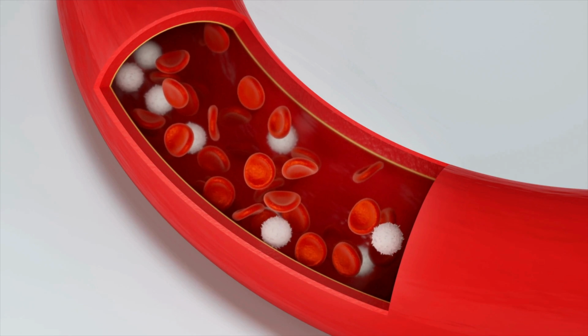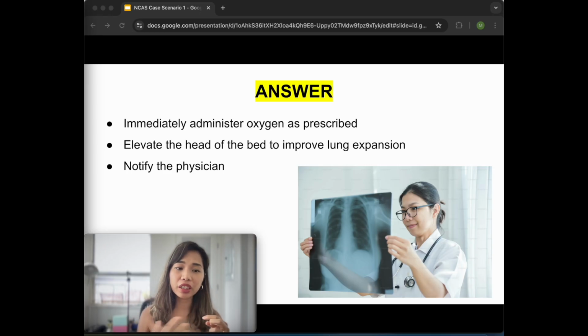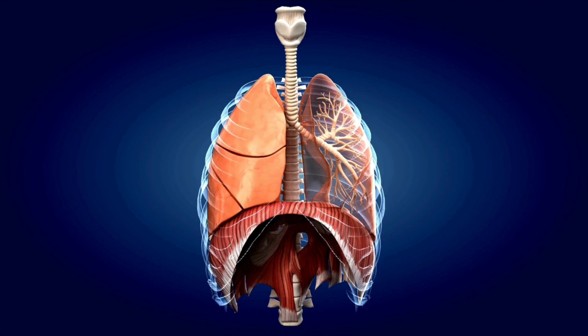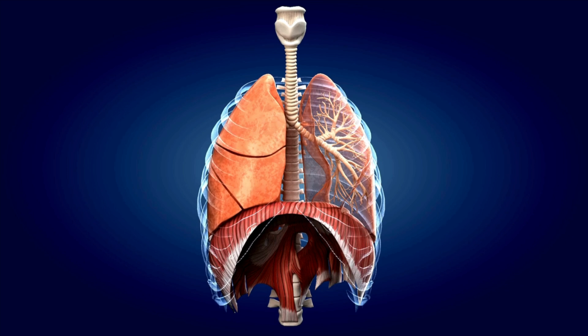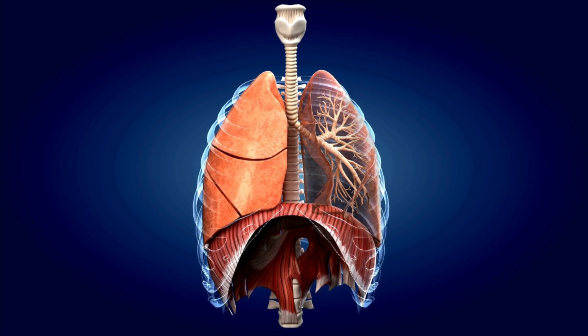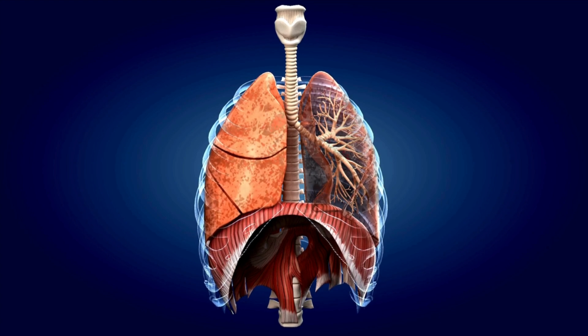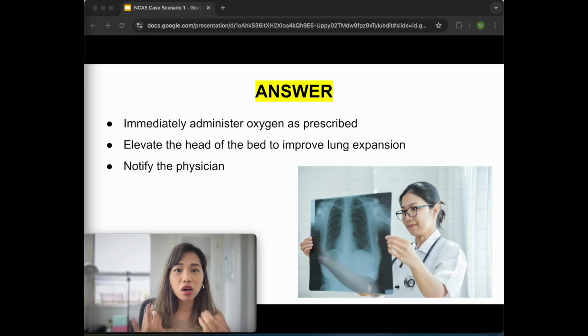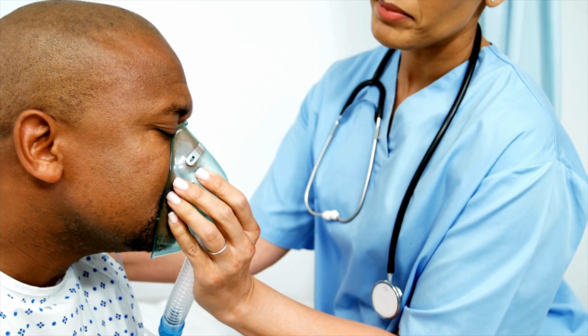It's not perfusing properly, so now you have all this fluid and pressure in the lungs, and that's why the patient is having pulmonary congestion and shortness of breath, because the increased pressure pushes the fluid from the capillaries into the alveolar space, and that will reduce oxygenation, oxygen diffusion, and cause dyspnea to your patient. And that's why you need to administer oxygen right away and elevate the patient's head of the bed.